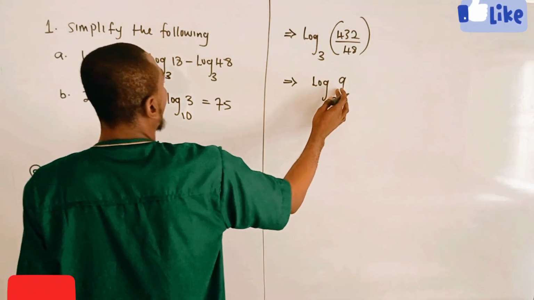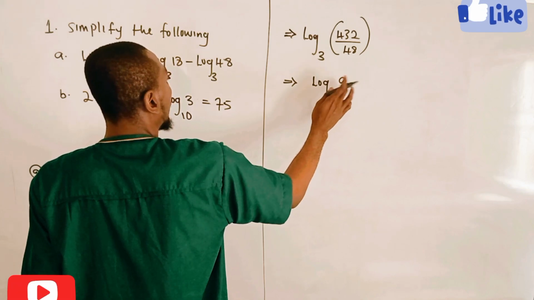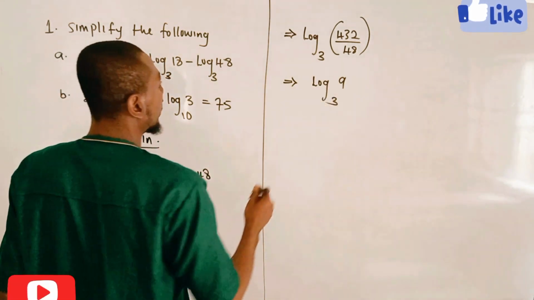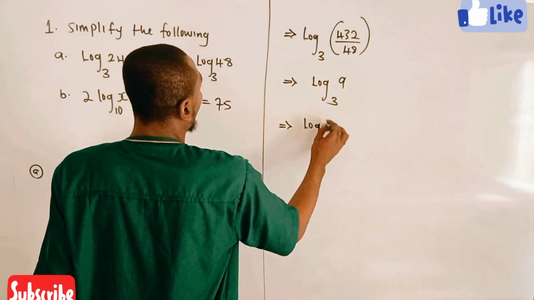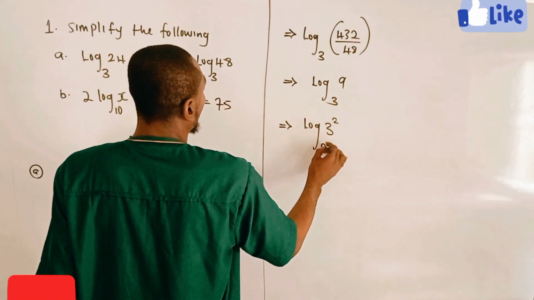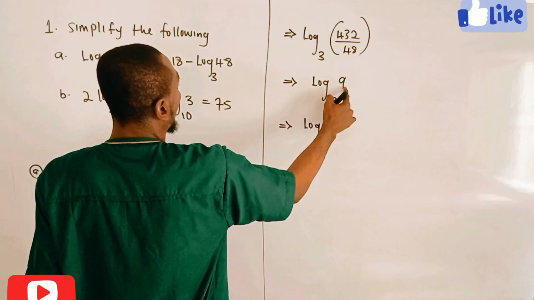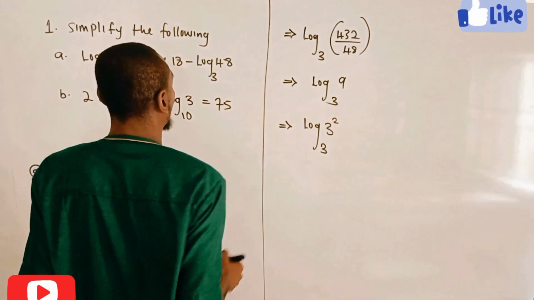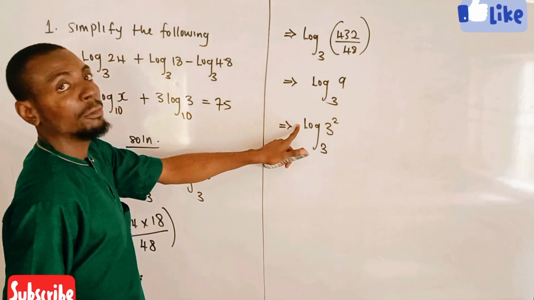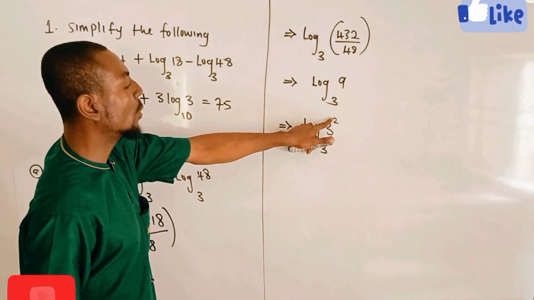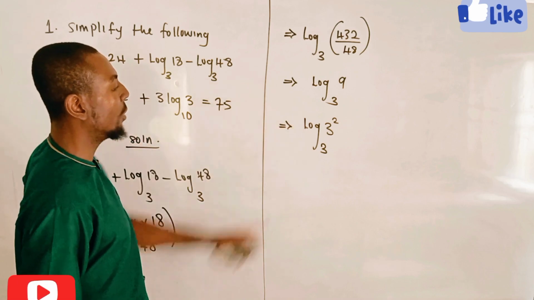So how do we now simplify this? Express 9 in index form, so that it is equal to the logarithm of 3 raised to the power 2 to base 3. That's 3 raised to the power 2 is equal to 9. Then you perform the front-to-back law, so 2 moves from the front to the back of the logarithm.